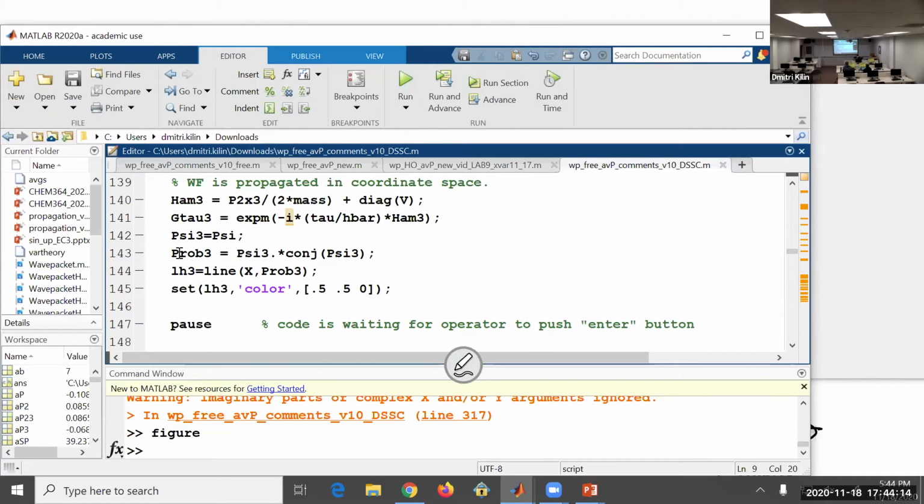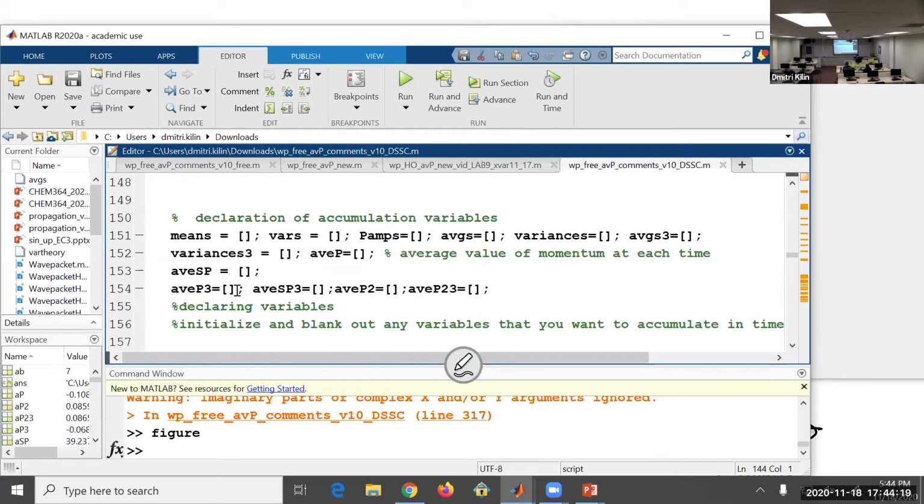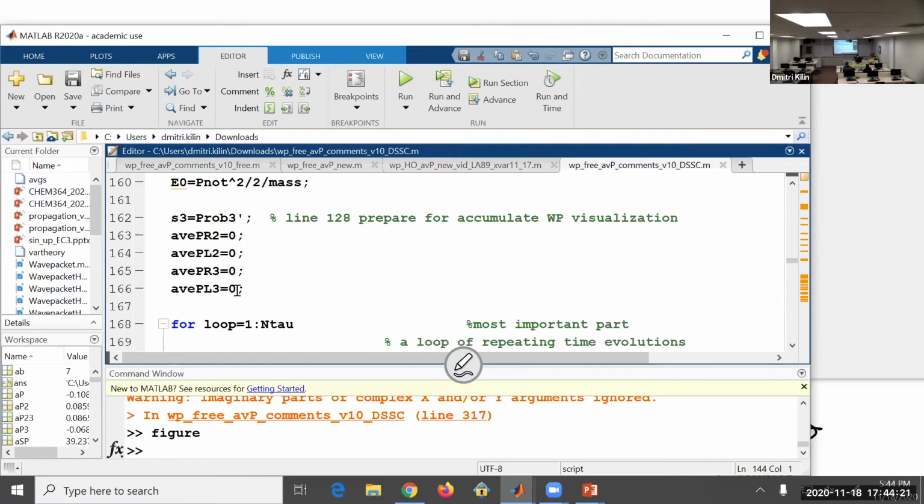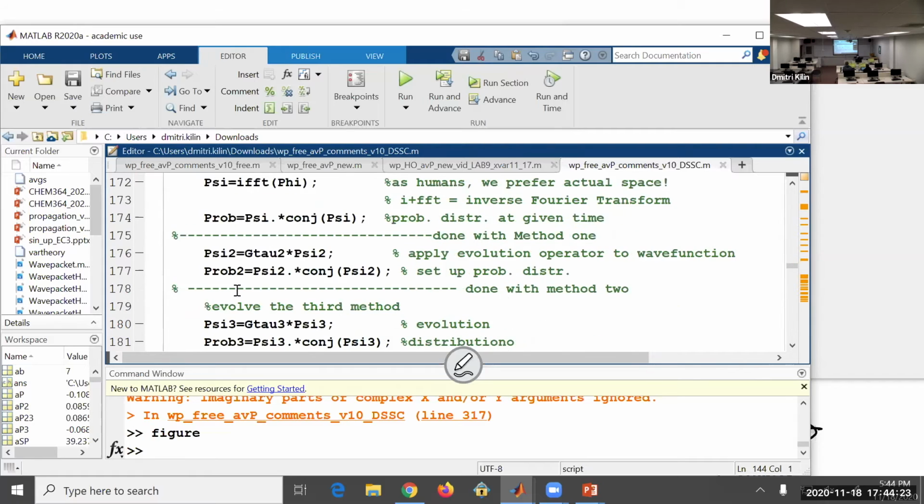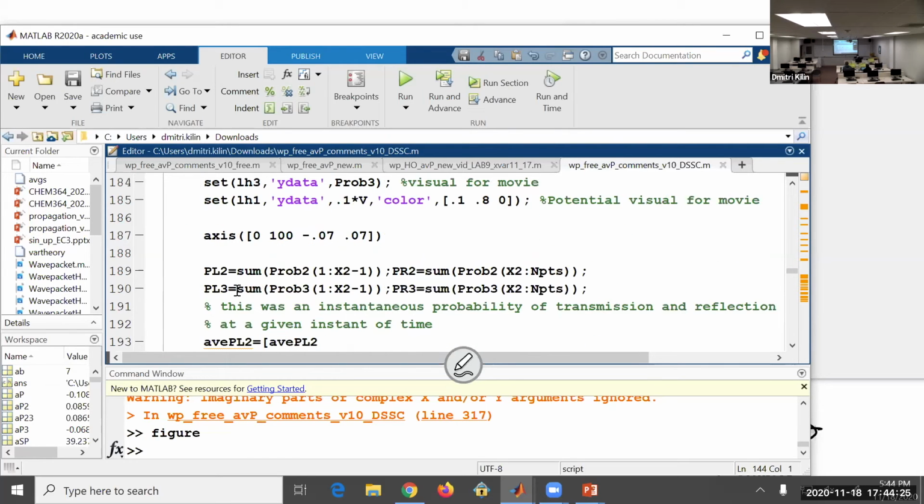So our probability each product time is 4 3. The results of integration that I was introducing in the PowerPoint are in line 190.